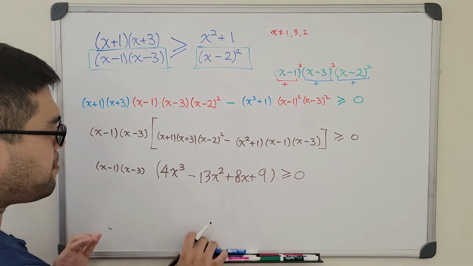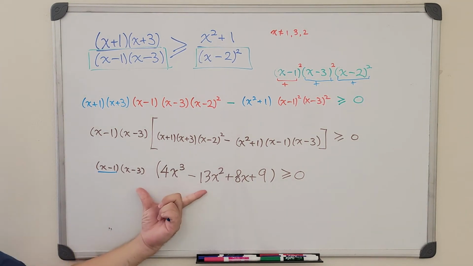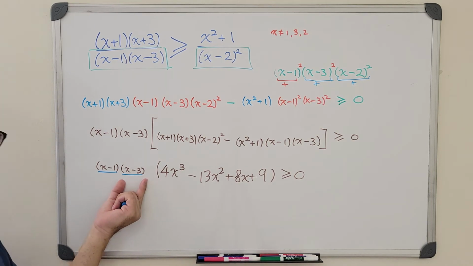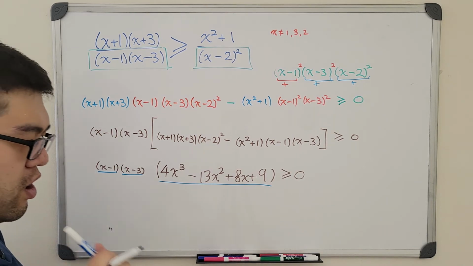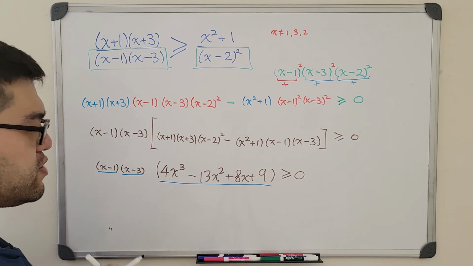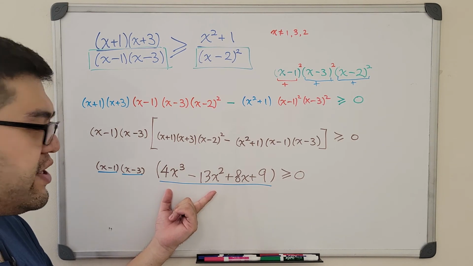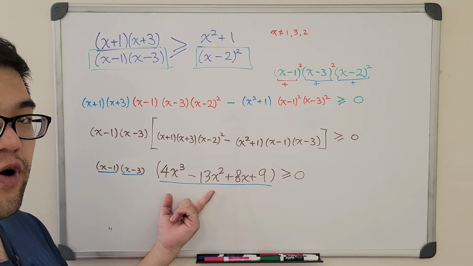The good part is we know how to find the solution for this part, and we also know how to find the solution for this part. But do we know how to find this? No. At this moment, we don't know how to find this yet, because this is a degree 3 polynomial, known as a cubic polynomial. Do we have a cubic formula?